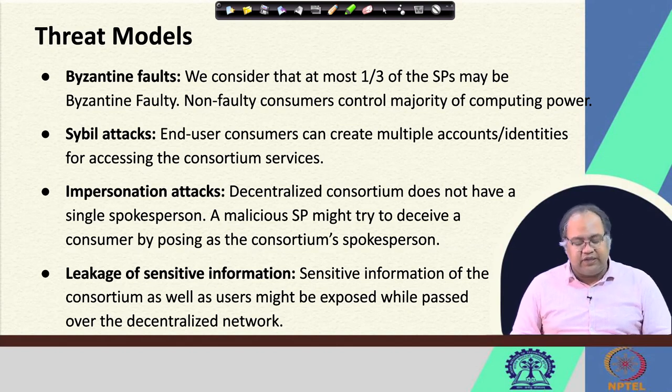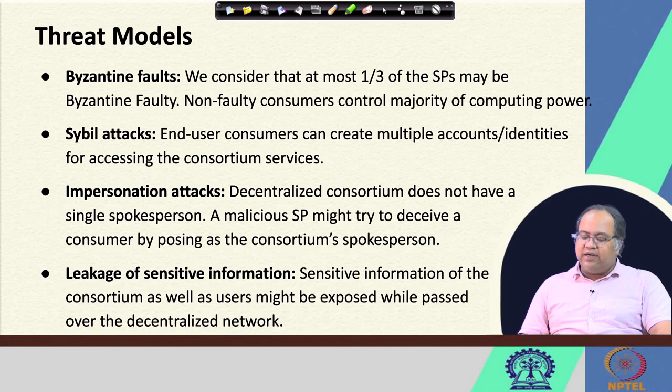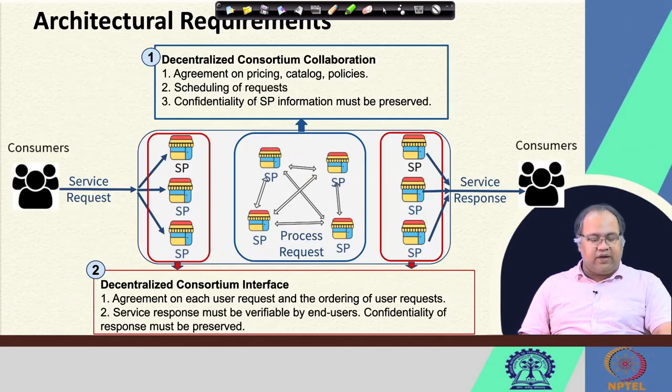There can be impersonation attacks. It is a decentralized consortium, so it does not have a single spokesperson. So a malicious service provider might try to deceive a consumer by posing as the consortium's spokesperson. And there can be leakage of sensitive information, like sensitive information of the consortium as well as users might be exposed while passed over the decentralized network.